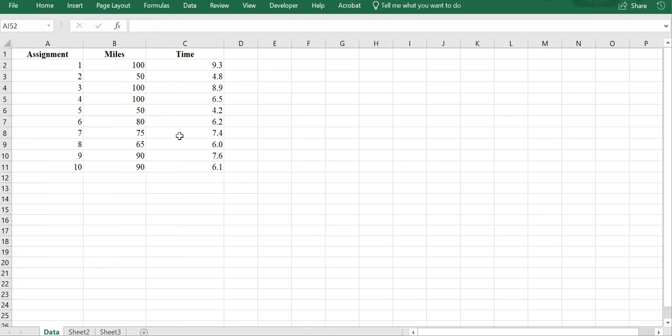The data file is Butler. In this data file, we are going to predict the travel time based on the distance of travel, based on the length of travel, the miles that the driver has to travel.